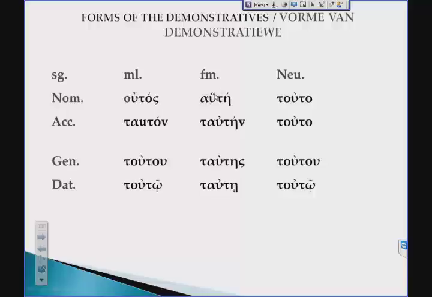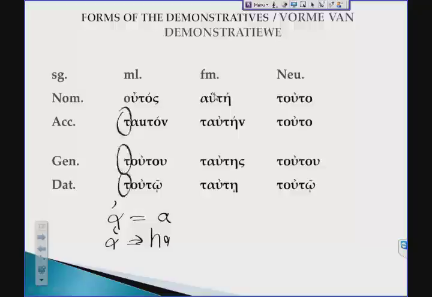Alpha with the spiritus lenis will be just an A. Okay? But then alpha with the asper, it will give you the ha sound. That's lesson 2, the spiritus. And so there you have haute. Okay? And then touto.